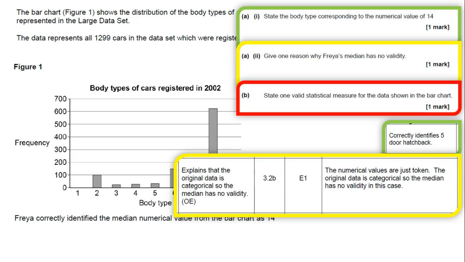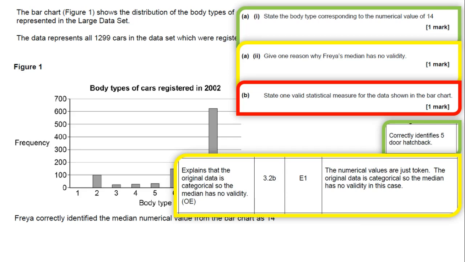If you look at the example, the original data is categorical. So in other words, it has no structure to it. The intervals in between don't mean anything. So the values given have no validity.